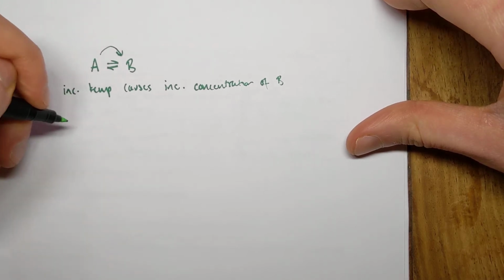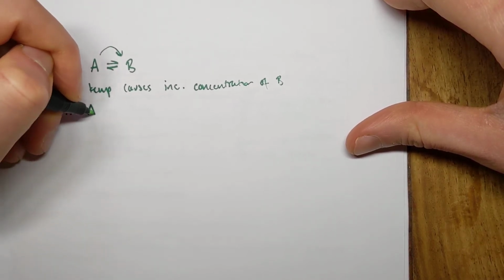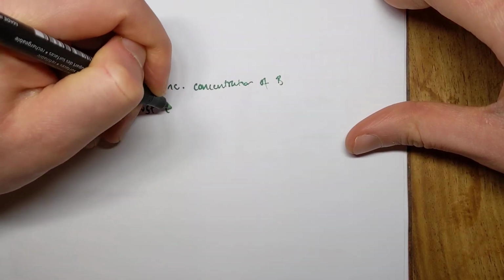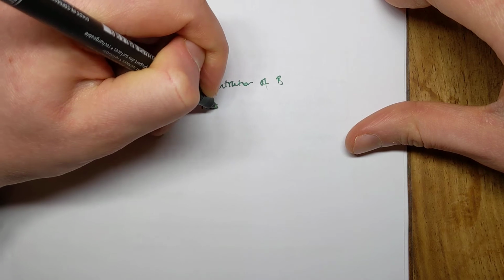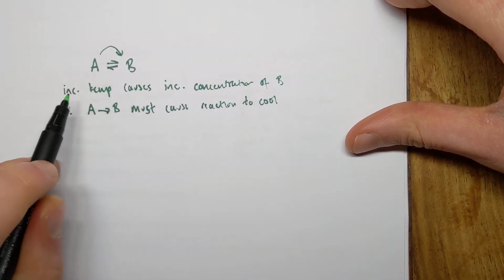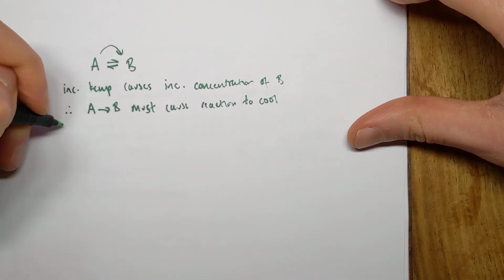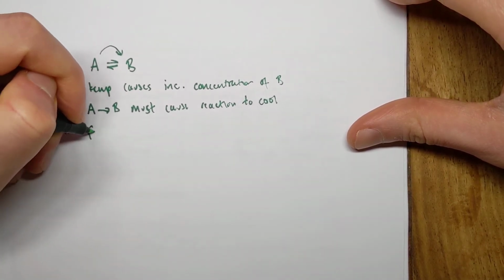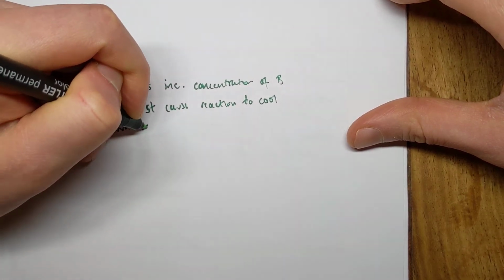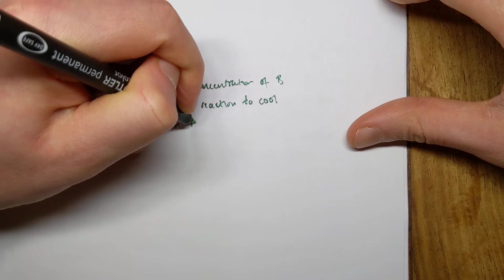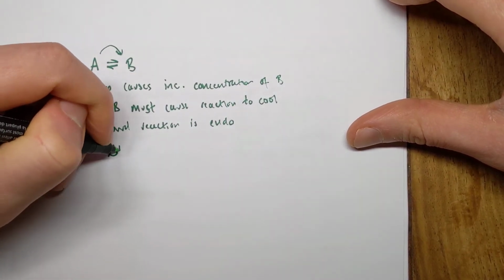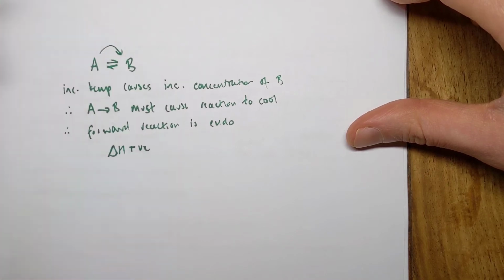Therefore, that means that the A to B reaction, which we're favouring, must cause the reaction to cool down, because the reaction wants to cool down because of increased temperature. That must mean the forward reaction is endo and the reverse is exo. And if I wanted to give a delta H for that, delta H would have to be a positive value.